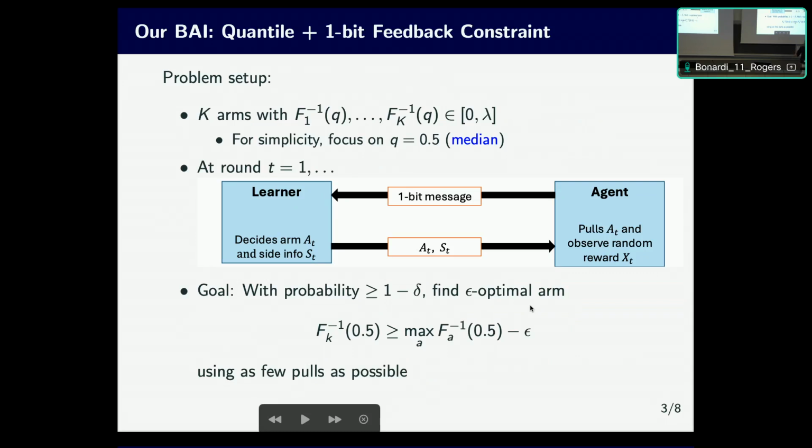But there is one huge restriction in the message from the agent to the learner. The size of the message has to be 1 bit. And the goal is similar to before. We want to be able to find an optimal arm with high probability, but we have an epsilon relaxation here. And as before, we want to use as few arm pulls as possible.